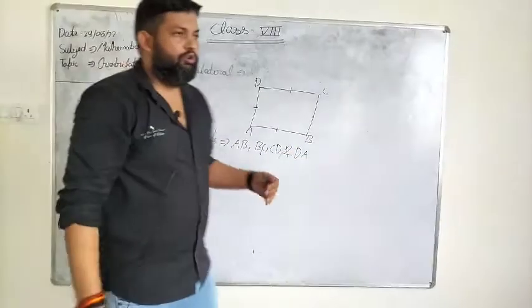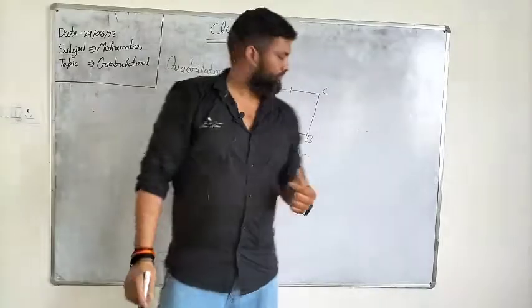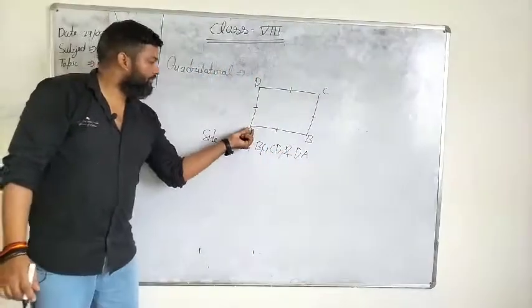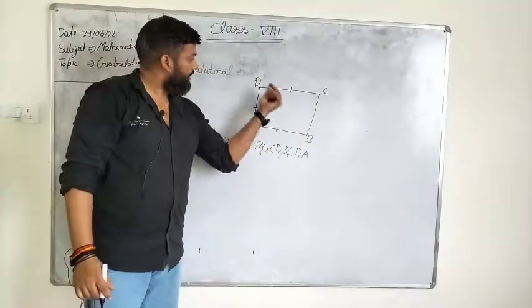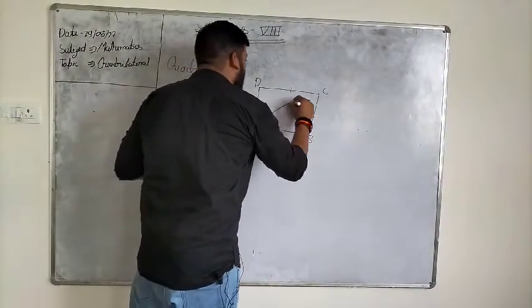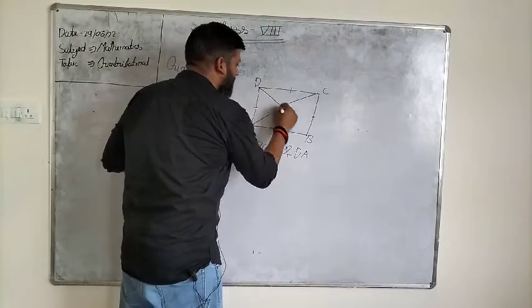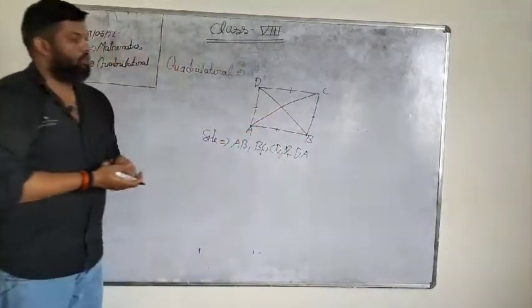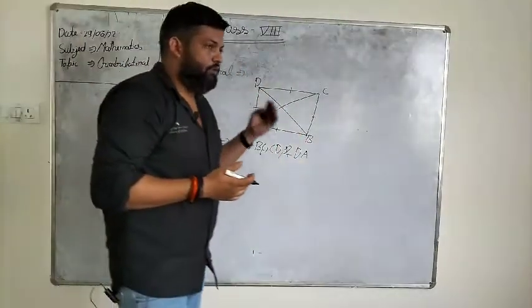The simple closed figure has four sides, four vertices and two diagonals. So what is the quadrilateral?